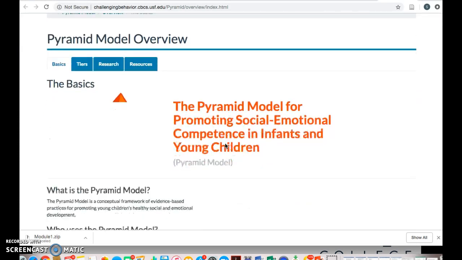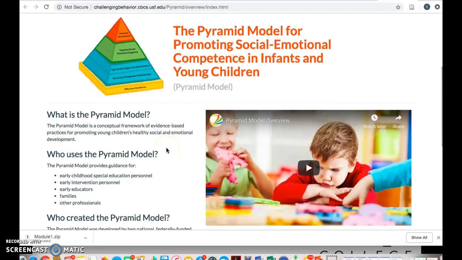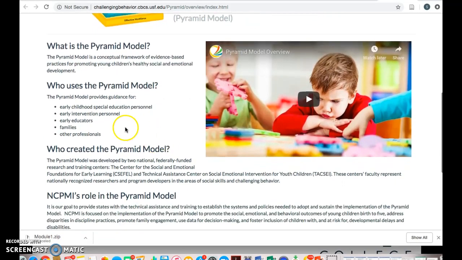So as you remember, the pyramid has 4 levels, and it is to support and promote social emotional development in infants and young children. And it's used for many different providers.